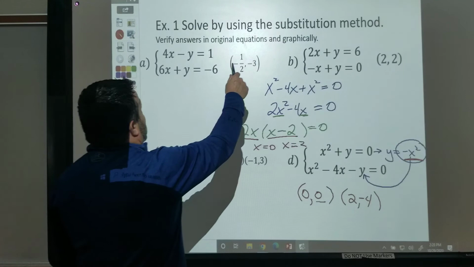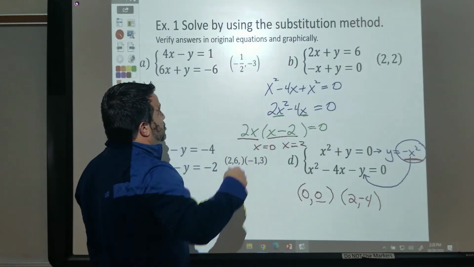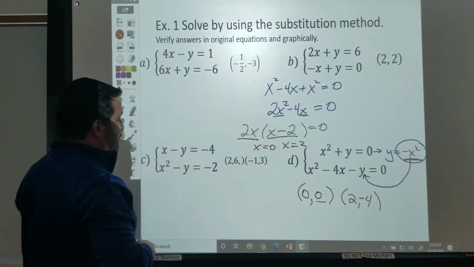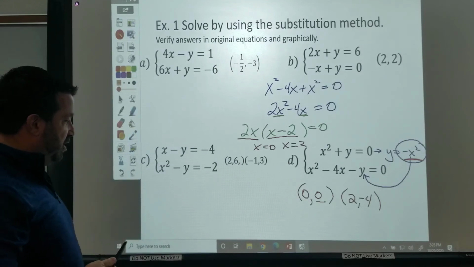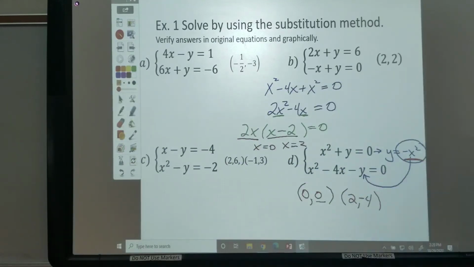Now, it does say to verify the answers in the original equation and graphically. So I know I haven't done any that are graphically. You could go through and you could graph these. Let's see if I can pull up my graphing calculator for you real quick.